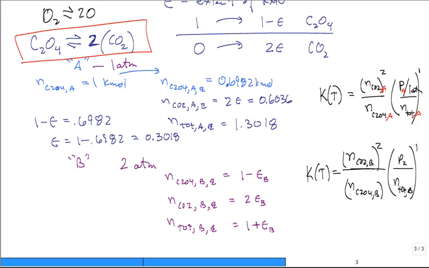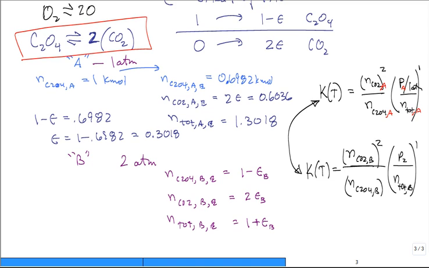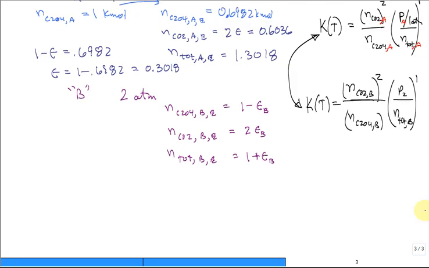Well, are these K's the same? Because it's 25 degrees C, 25 degrees C. You didn't change K. So I'm going to write this equation down. Sorry, I have to scroll down.